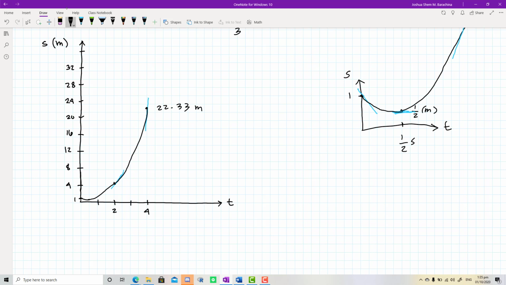This one should be 5 meters. And this one is 1/2 of a meter.